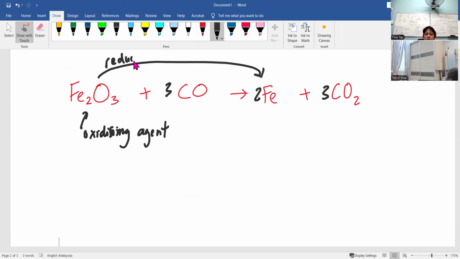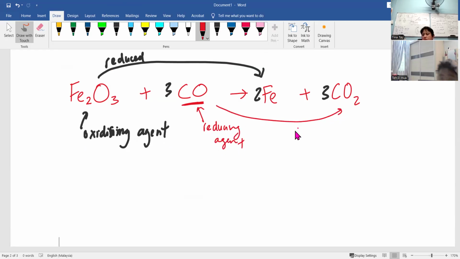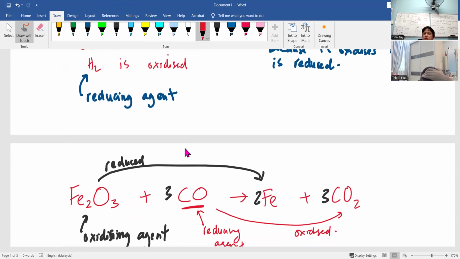And then CO is the reducing agent, and it is oxidized. Okay. All right, easy, right? So that is oxidation in terms of oxygen.